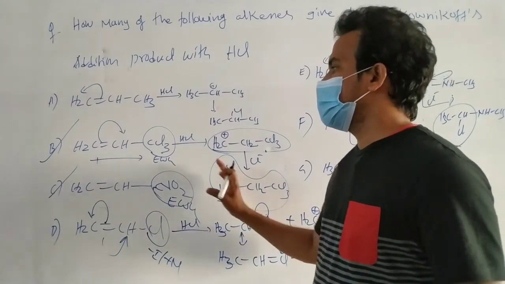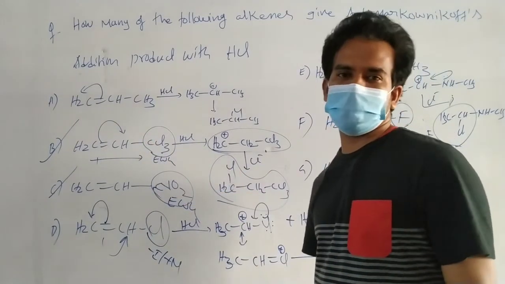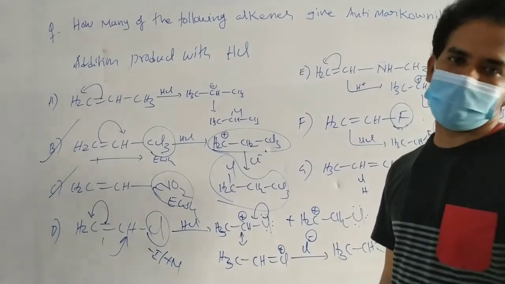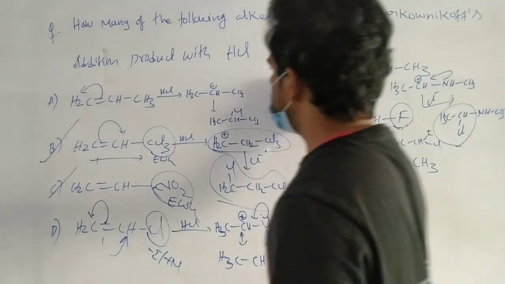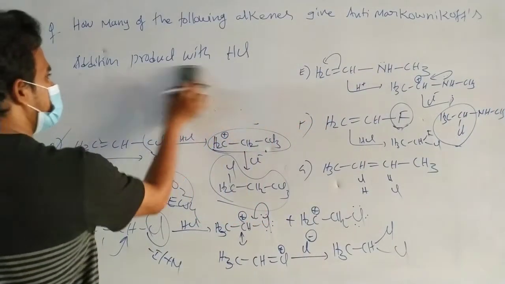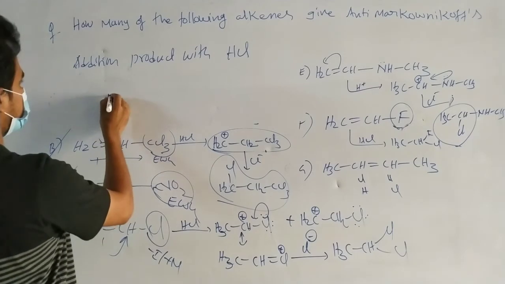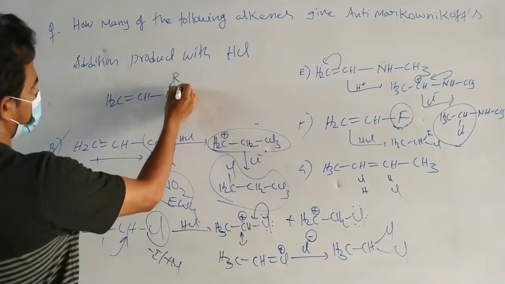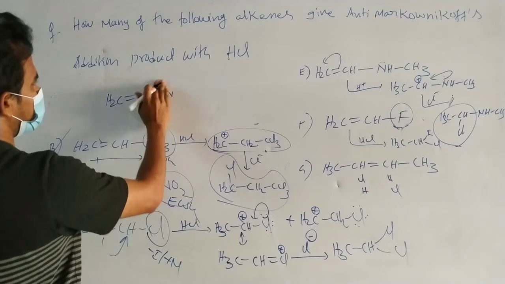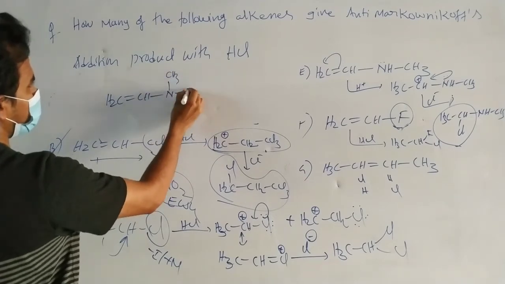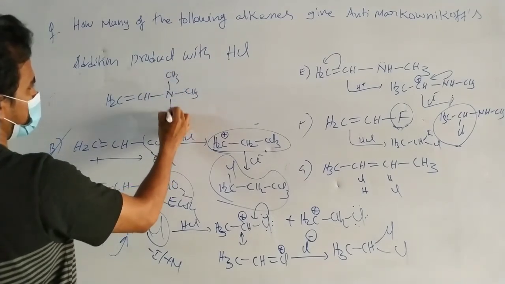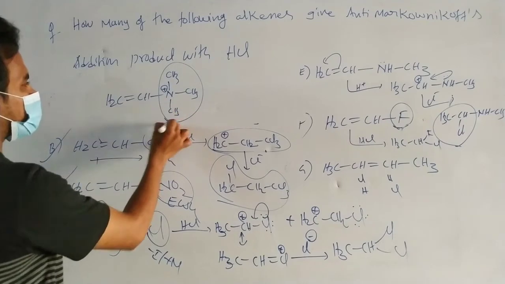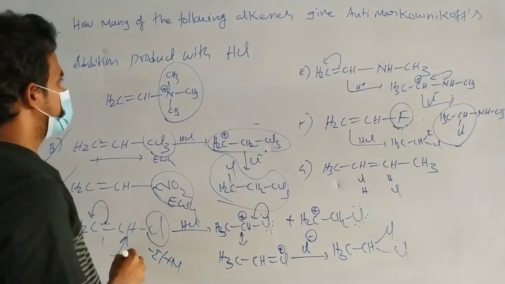So alkenes having electron withdrawing groups give an anti-Markovnikov addition. Or suppose in this case, CH2=CH-N(CH3)3 plus, I am taking methyl groups here. It is a strong electron withdrawing group, you know that.